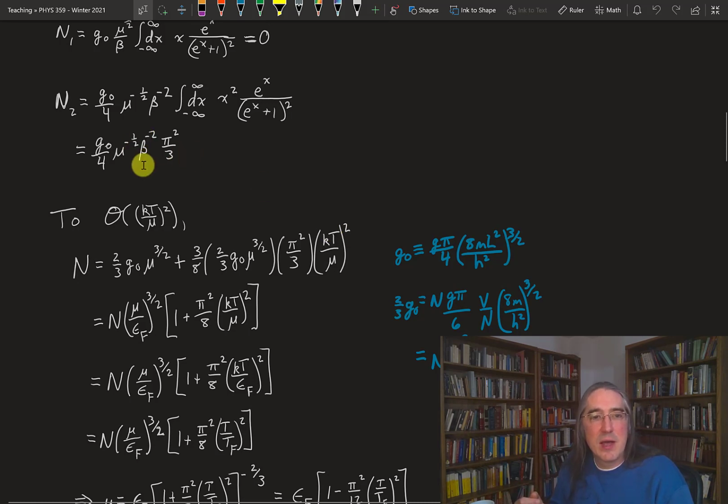And I've got beta to the -2, which gives me kT squared. So I'm going to multiply it by mu to the -3/2 to get my 1 over mu squared. But I can't just multiply by mu to the -3/2. I multiply by mu to the -3/2 here and +3/2 here. So the +3/2 is here. And now I've got mu to the 3/2 and I've got a G naught.